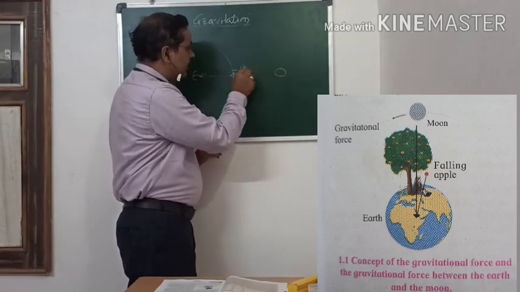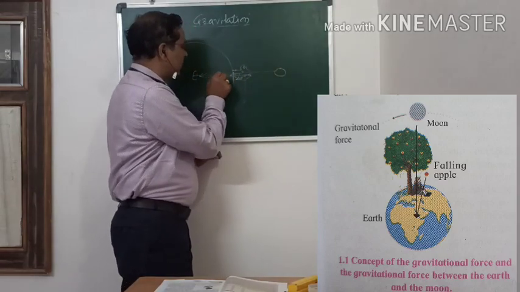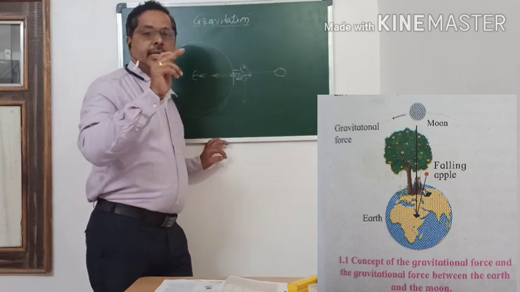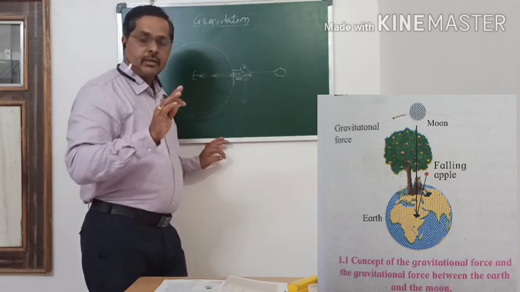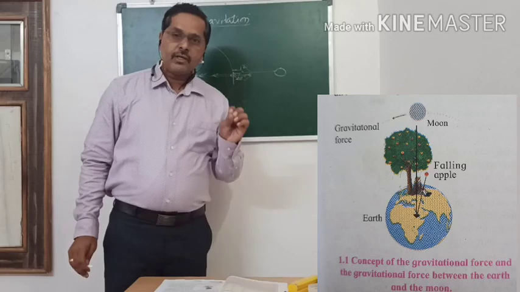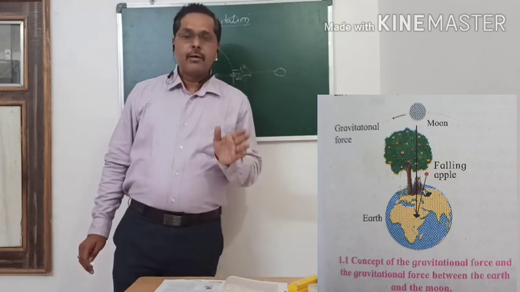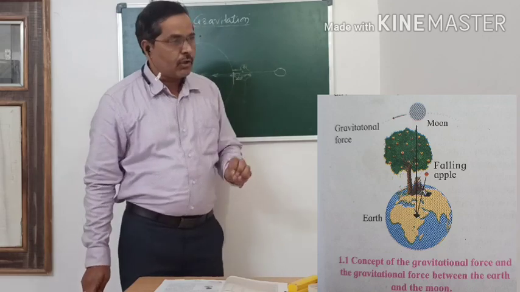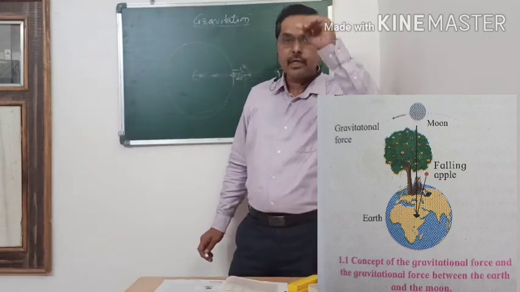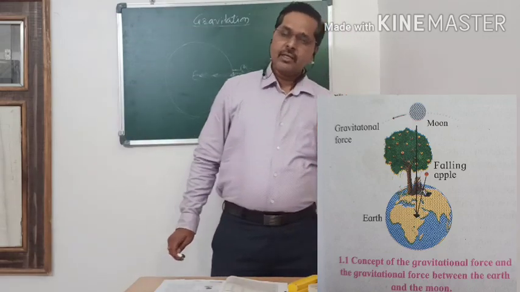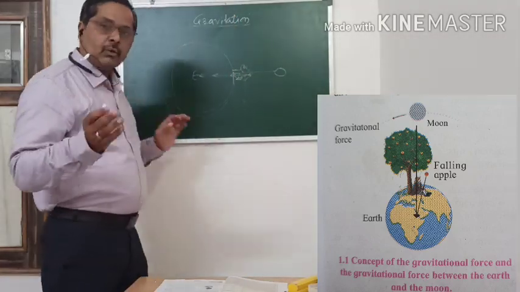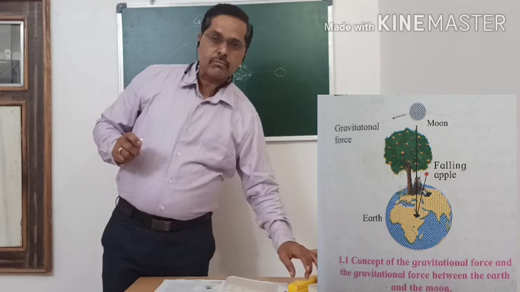This object also falls on the earth, and the falling direction is toward the center of the earth. The direction toward the center of the earth is always perpendicular to the surface of the earth, and therefore each and every object falls vertically downward. That was the gravitational force. This is how he discovered gravitational force.